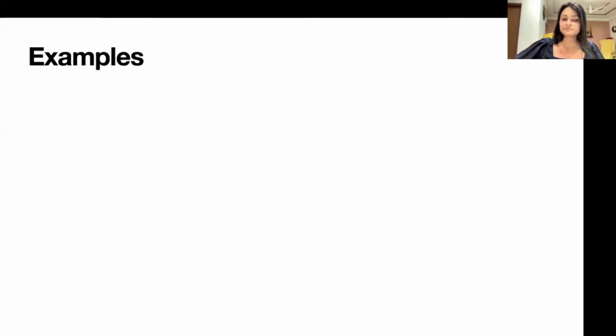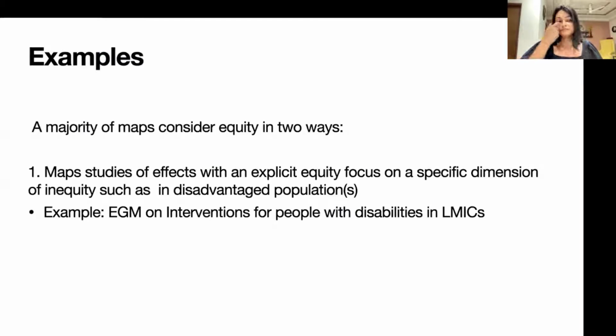Let's look at some examples of how we incorporated equity-related issues in mapping. There are two ways in which the majority of maps consider equity. One is that maps include studies that have an explicit equity focus on specific dimensions of inequity, such as disadvantaged populations. An example of such a map is interventions for people with disabilities in low-income countries.